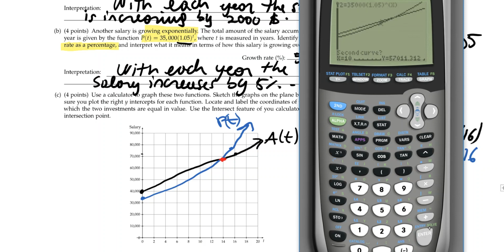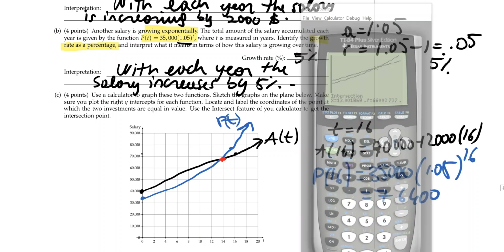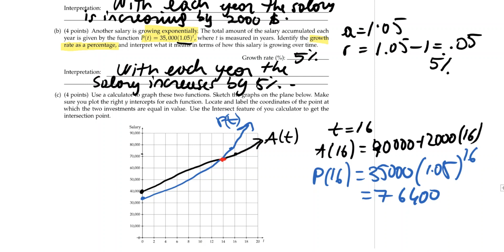First curve is one of them and the second curve is the other one, and then if I press enter again, I get that the intersection point happens after 13 years, and it's almost 66,000. So we would label the intersection point 13 and 66,000.